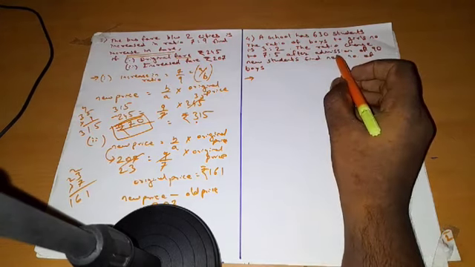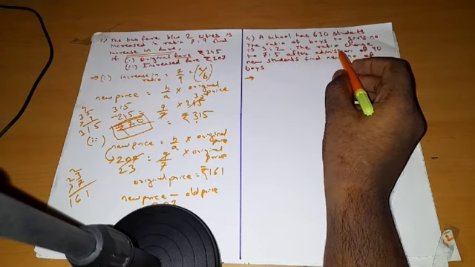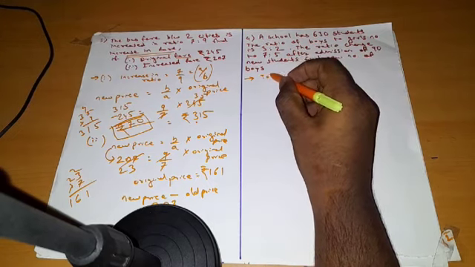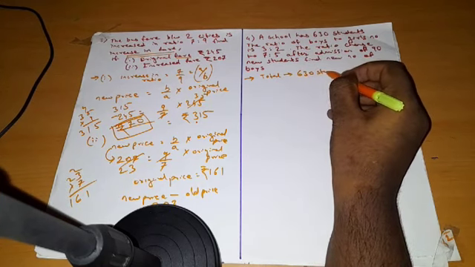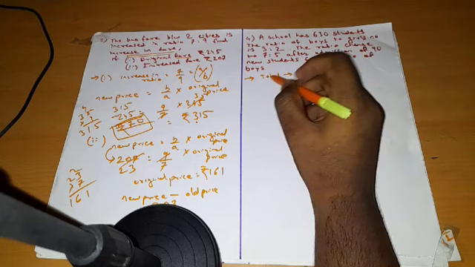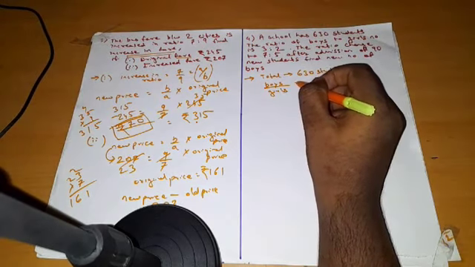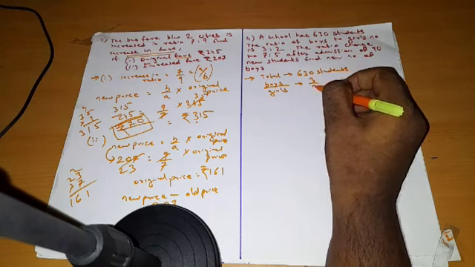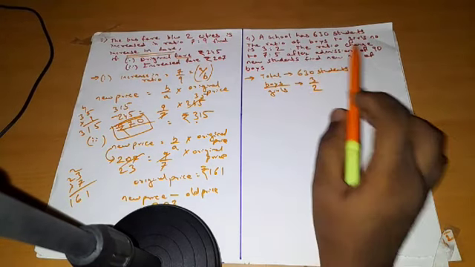A school has 630 students. Okay, total is 630 students. Ratio of boys to girls, initially was 3/2, means number of boys are more by looking at the ratio, because boys in numerator value is high.